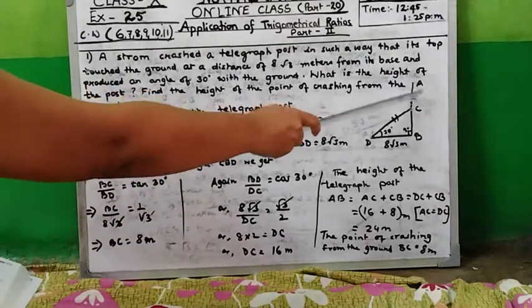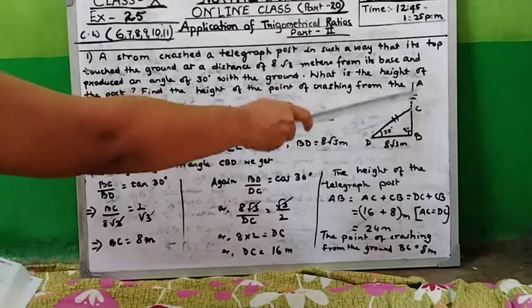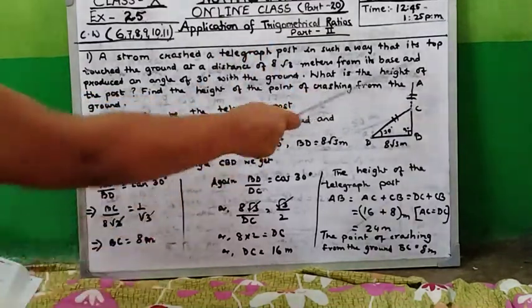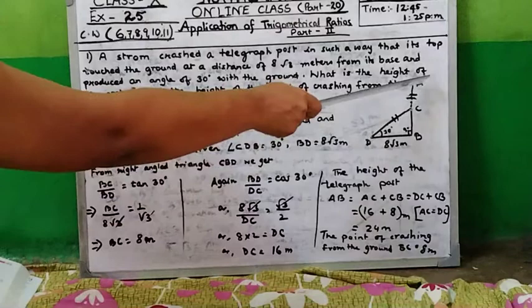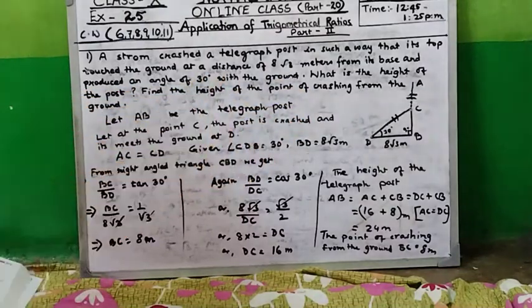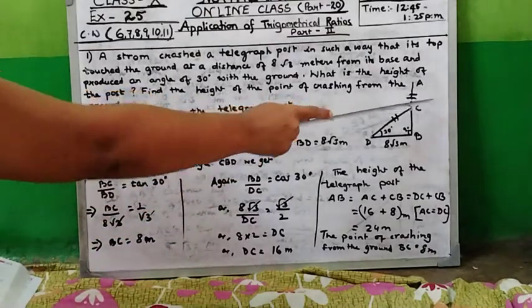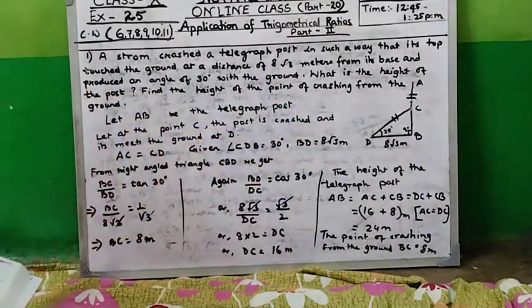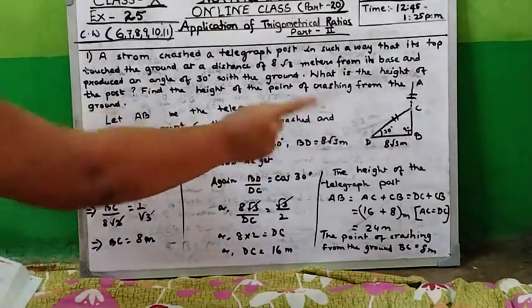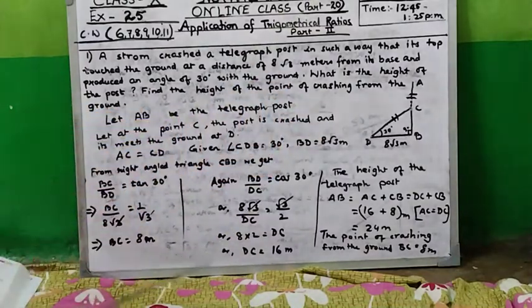So, this height, the imaginary height which was erected, is now touching the ground. So, AC is equal to CD. And it is making an angle CDB is equal to 30 degree and BD is equal to 8√3 meters.